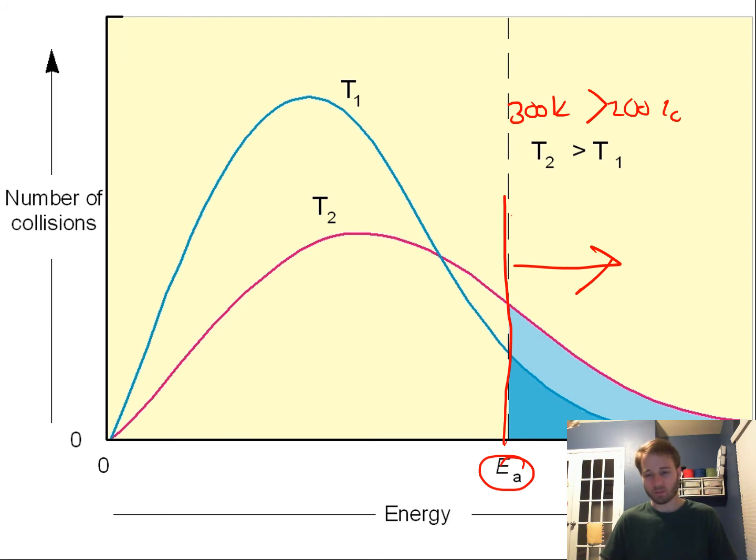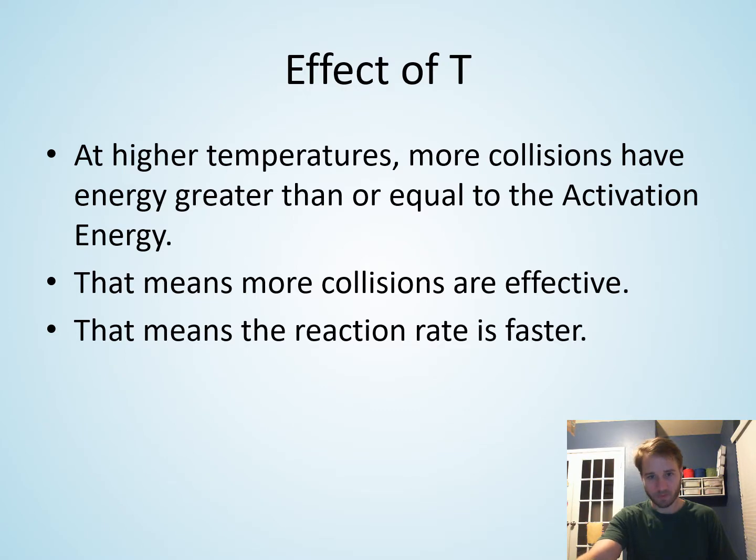Let's pretend I have the same number of collisions no matter what the temperature is. As I get to higher temperatures, the percentage of those collisions that are successful in producing products increases, because the percentage of molecules that have an energy greater than the activation energy increases with increasing temperature.